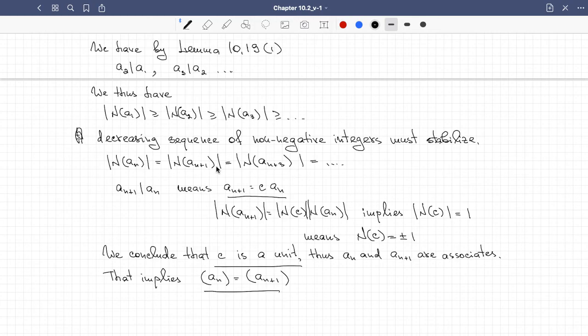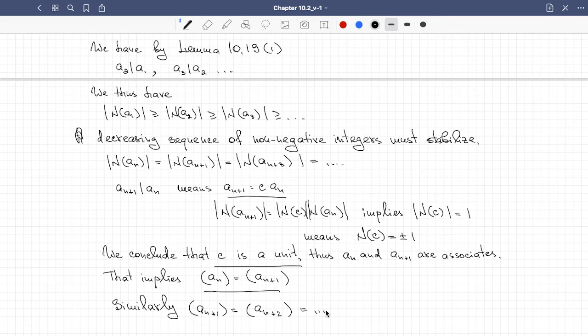Similarly, the ideal an plus 1 is equal to the ideal an plus 2, and so further.